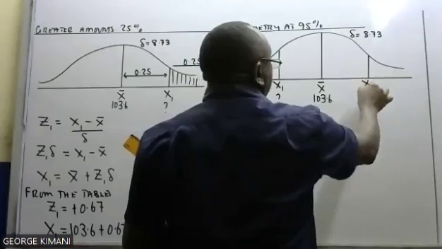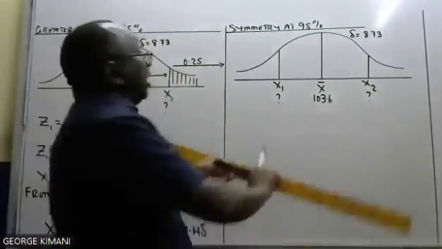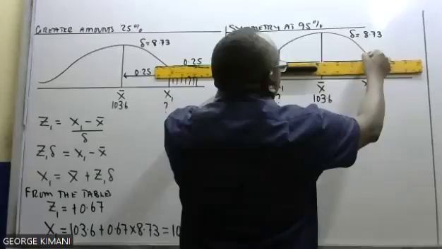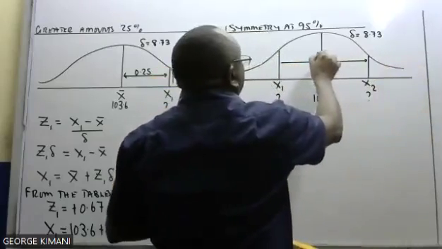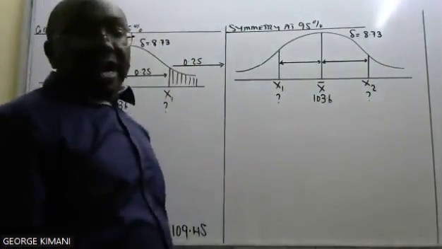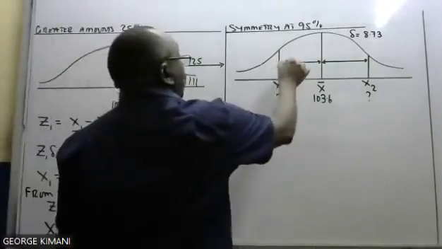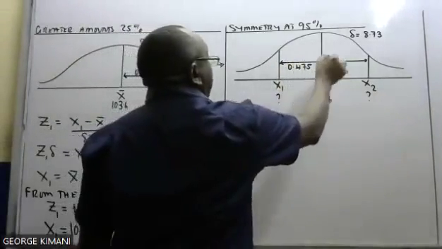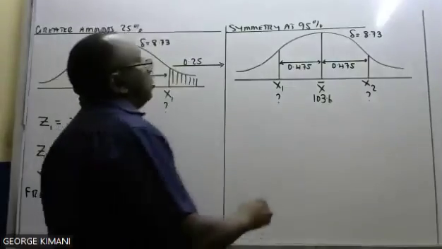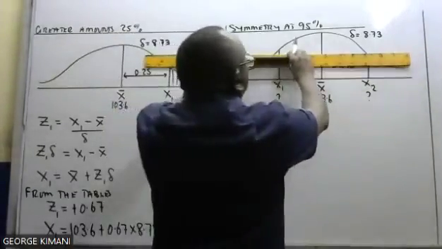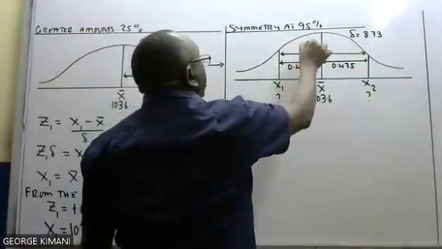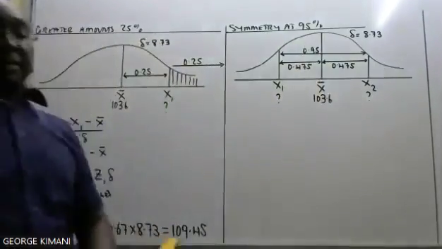This is X2 here, which we do not know. But the whole of these, from here up to here, they are 95%. So because they are 2, if 95 is divided by 2, you will get 0.475 here and 0.475. So that when you combine, that is the one that is 95%.